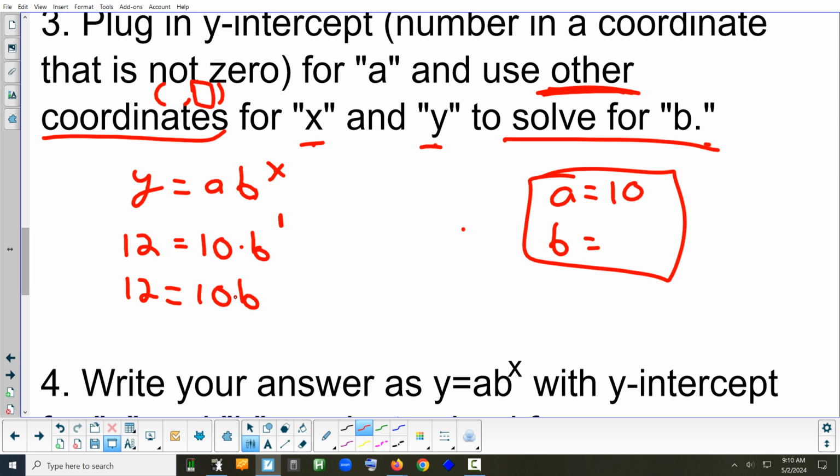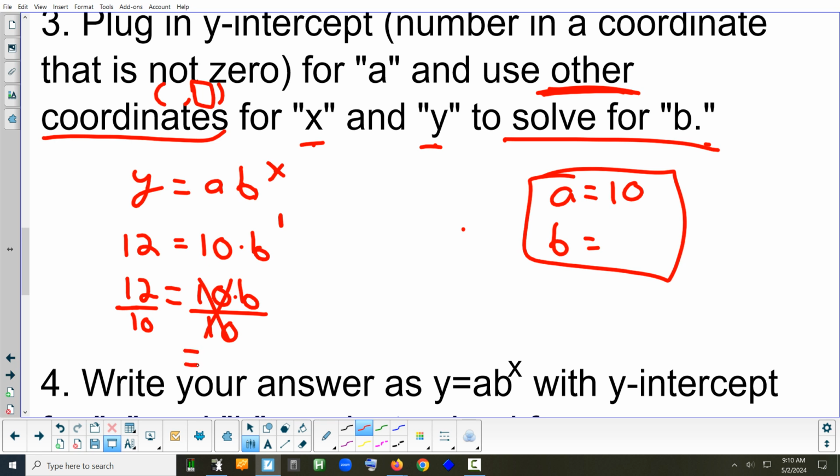Now, we have 10 times b on the right side. We don't want that 10 there. We want to put the 10 on the other side so we can get b by itself. How would we move the 10 to the left side? Divide. Yep, and what would you divide each side by? 10. What's 10 divided by 10? 1, that cancels out.